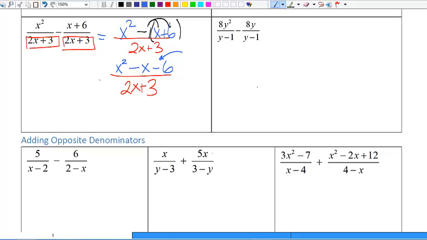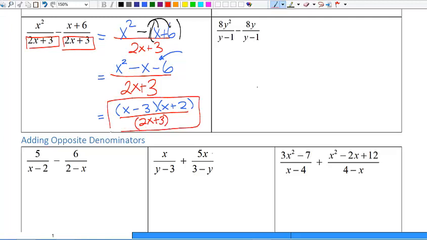Now, the numerator looks like it might be able to factor, so I want to make sure that this doesn't reduce. I'm going to factor this to x minus 3 and x plus 2. The denominator again still stays the same. In this case, I factored it out and it didn't reduce at all, which means this is a correct answer, completely reduced, but so is the one right before it.